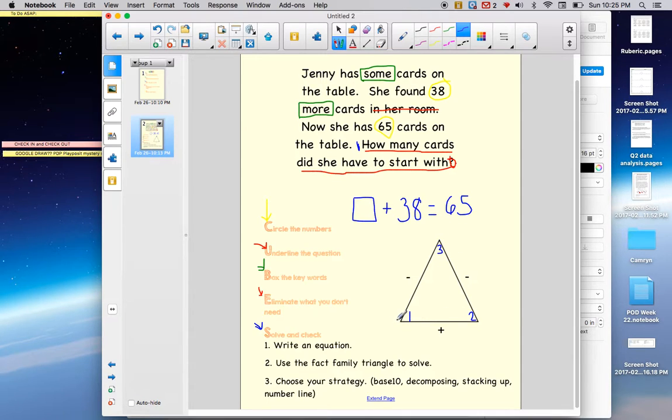And sometimes in our fact family triangle, we won't know one of the parts, and sometimes in our fact family triangle, we won't know the whole. And we'll have to either use subtraction to figure out one of the parts, or we'll have to use addition to figure out the whole.